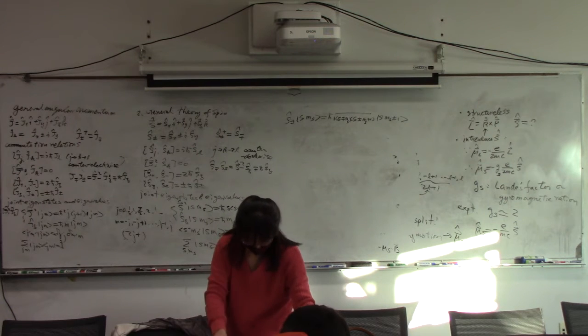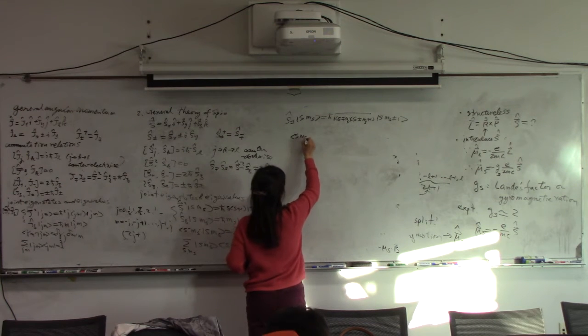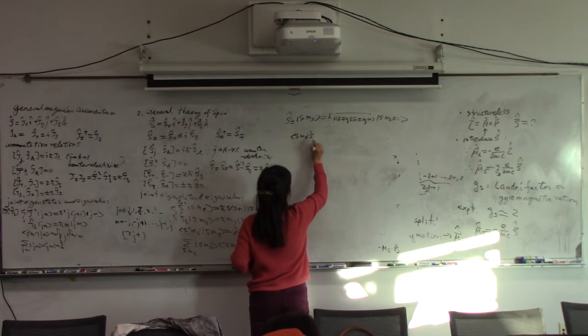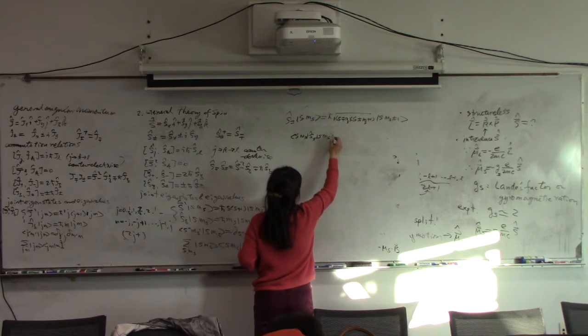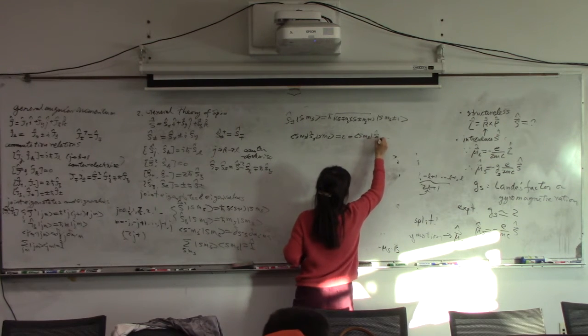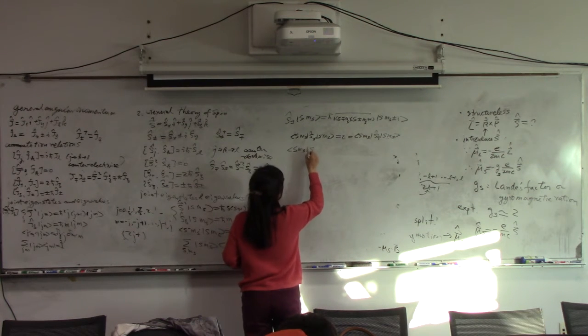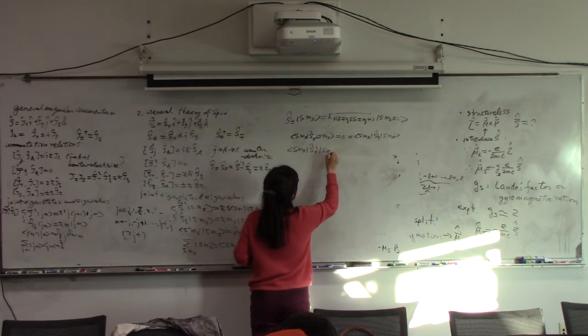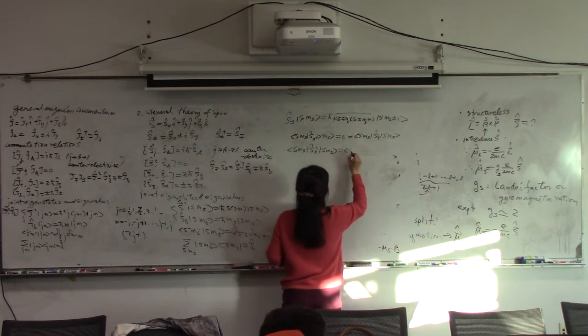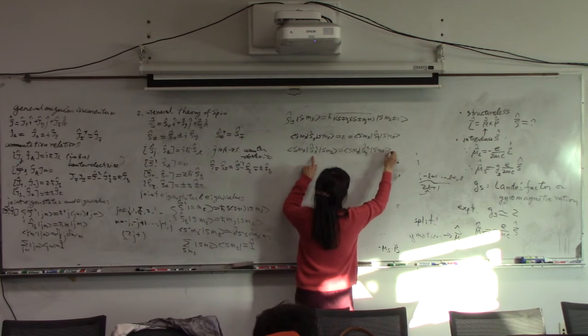Okay. Then similarly, if you remember, if you ask us to find the expectation value of Sx, because this is not an eigenstate of Sz, that gave us 0. Similarly for the expectation value of Sy. But the expectation value of Sx square is also equal to the expectation value of Sy square.